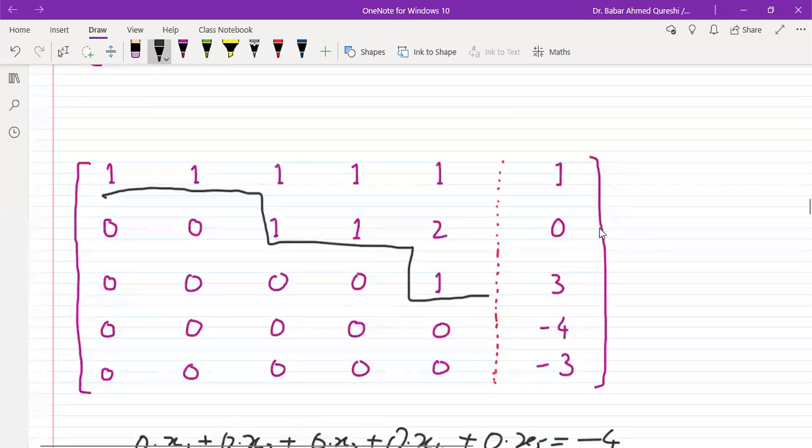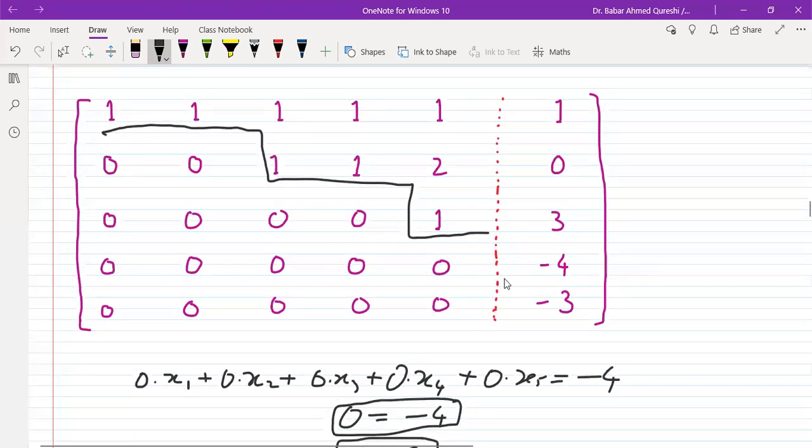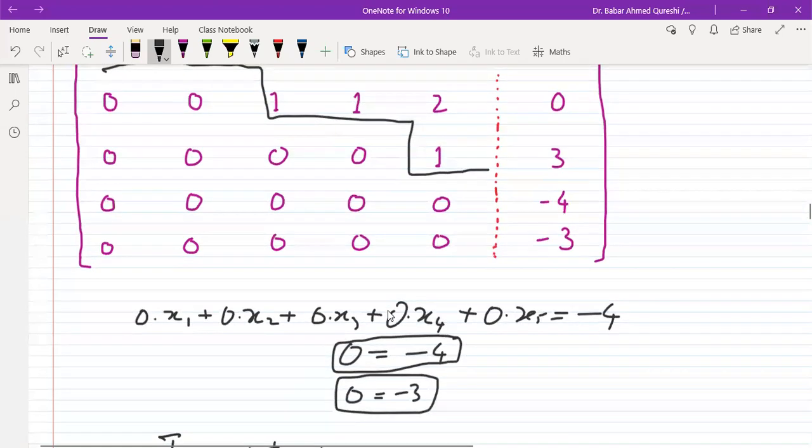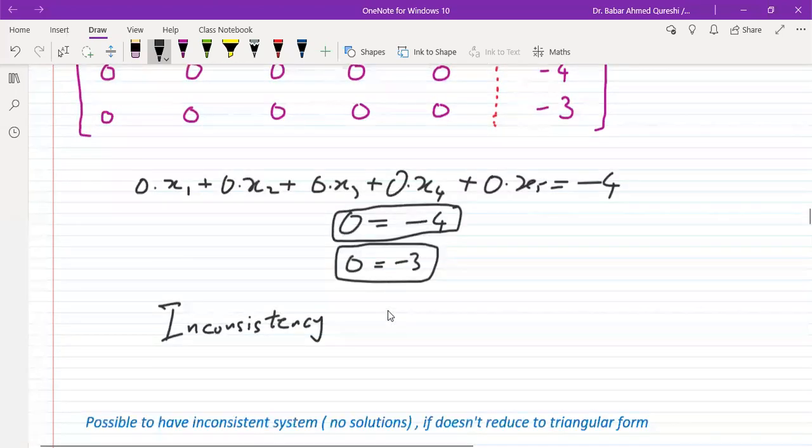So like over here, this is in echelon form. If I don't take this guy, just consider the matrix on the left hand side of the dotted line, then this row is 0, this row is 0, but they come after the rows which have non-zero entries. So any row which is completely 0 should come after non-zero rows.